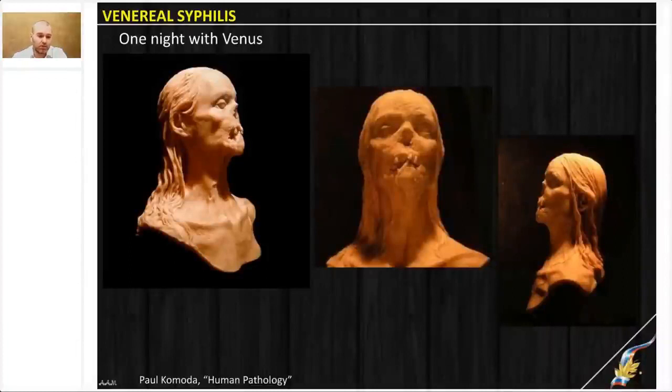Of course, the disease is known from old ages, and we have a wax sculpture in a museum which shows possible consequences. It's called One Night with Venus. Possible serious consequences of syphilis without proper treatment in ancient times.